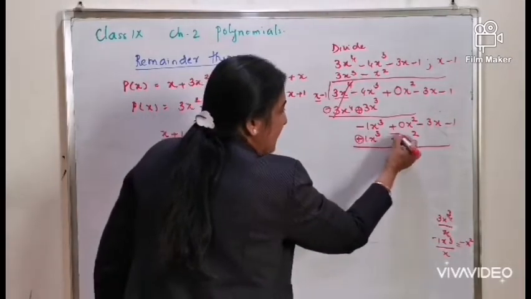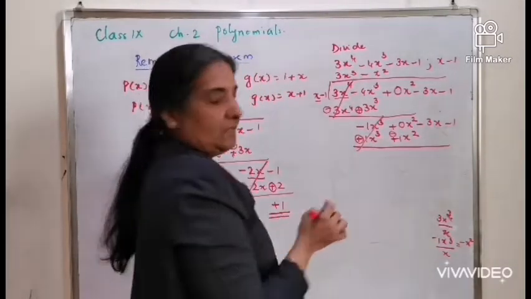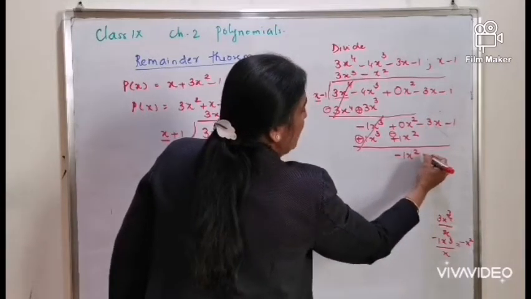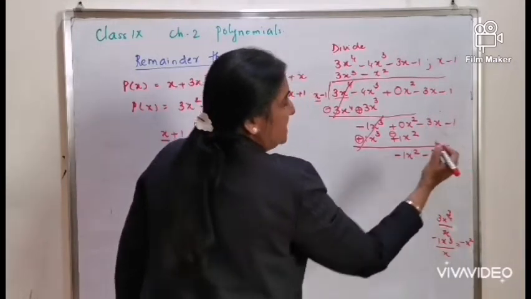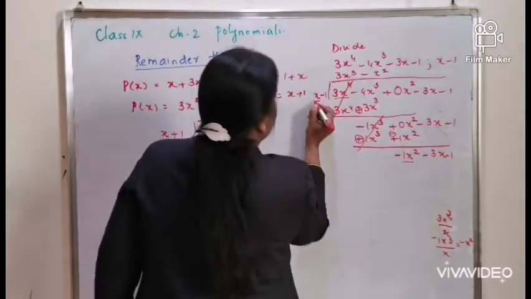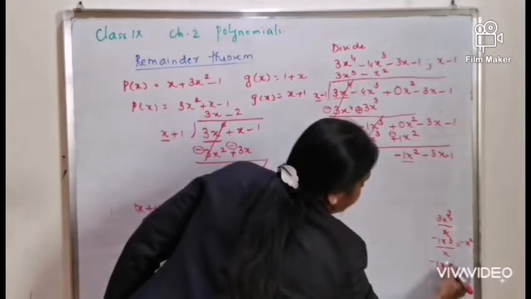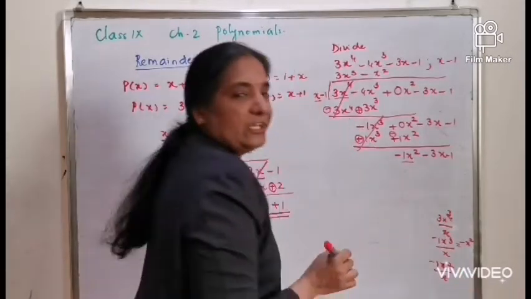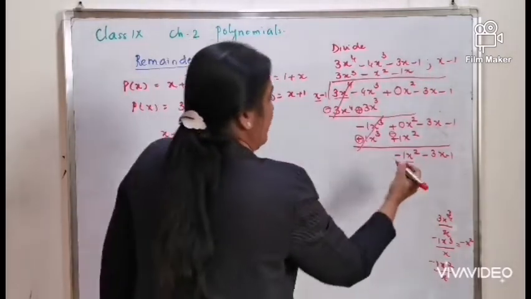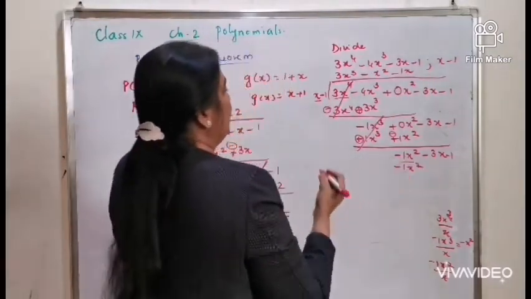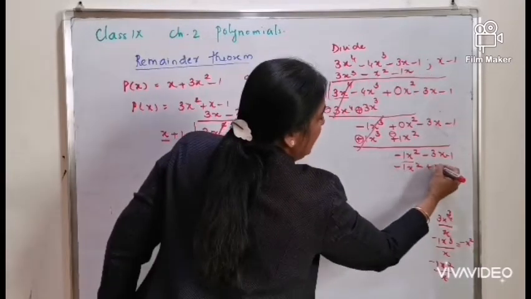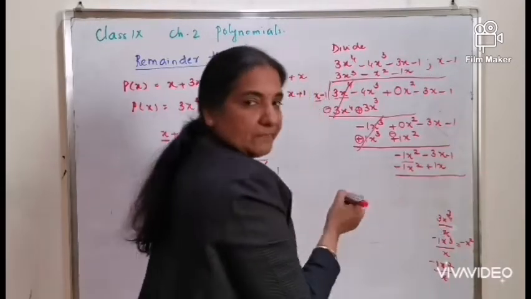You are changing the signs. 0x cube minus 1x square is minus 1x square minus 3x minus 1. Minus 1x square by x is giving you minus 1x. Minus 1x square, minus 1 into minus 1x is plus 1x.